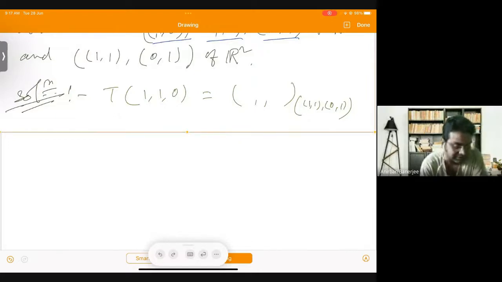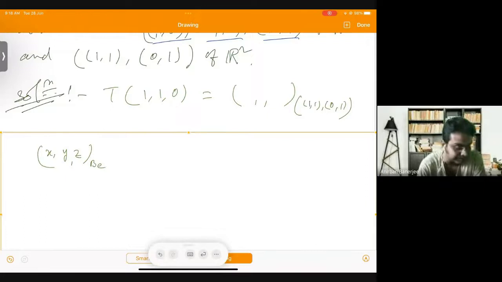First of all, if you take any vector, let's say (x, y, z), this is with the coordinates with respect to the standard coordinate system.